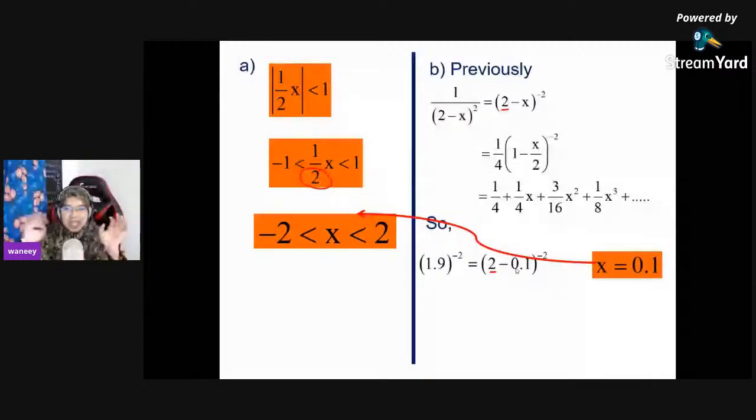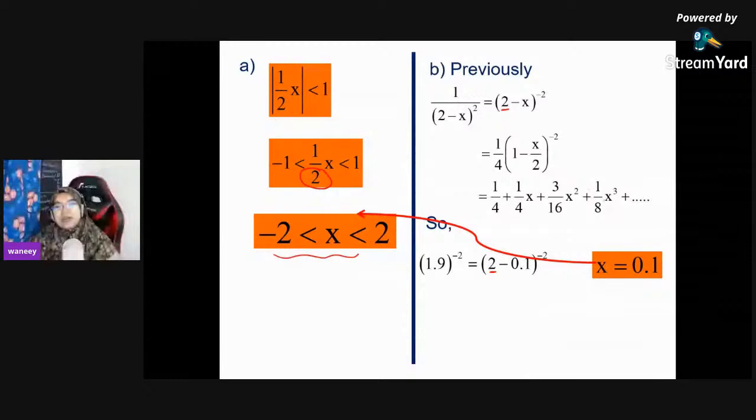So kalau kata kita nak ganti apa-apa nilai, pastikan nombor tu berada dalam validity. Contohnya sekarang, the value for x is 0.1, right? So that is why I know I can use 0.1 because 0.1 is actually in between negative 2 and 2. Okay, so go back to your expansion. So every time you see the x, replace them with 0.1.